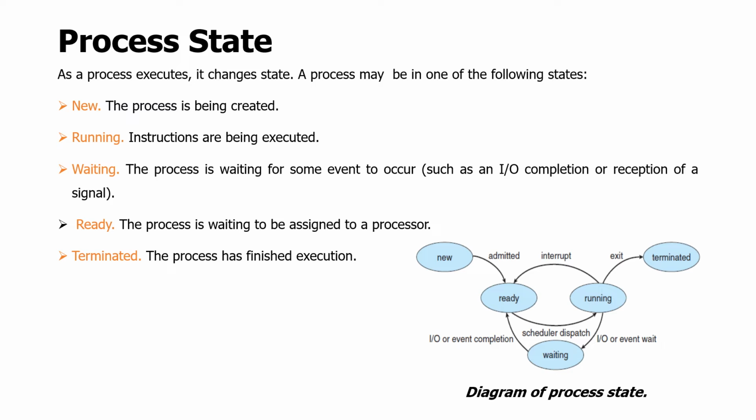Next one is running. What is meant by running? The set of instructions available in a process are being executed by the CPU. We call that the running state. The next state is waiting.